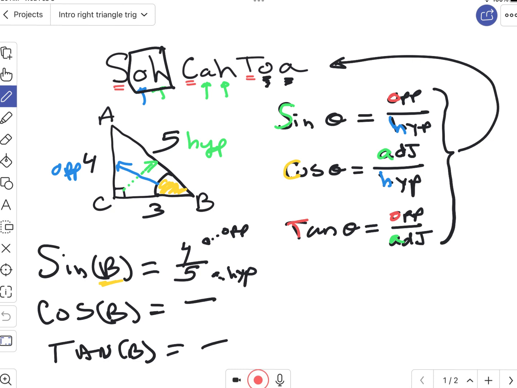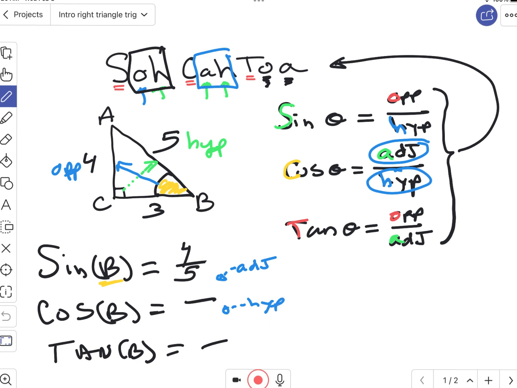If we look at the cosine of B, doesn't it say that the cosine of B is the adjacent in the numerator over the hypotenuse? So the adjacent side should go in the numerator and the hypotenuse remains in the denominator.